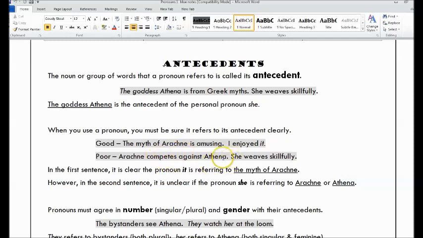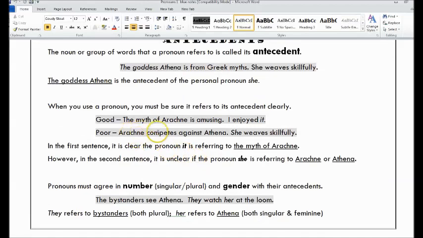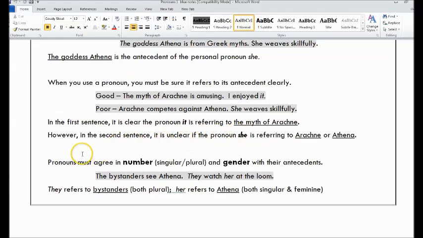We don't know if she is referring to Arachne or to Athena. They're both goddesses. It could be either. So this is a poorly written second sentence, and we should not use the pronoun in this situation. We should say Arachne or Athena, whichever we are referring to.